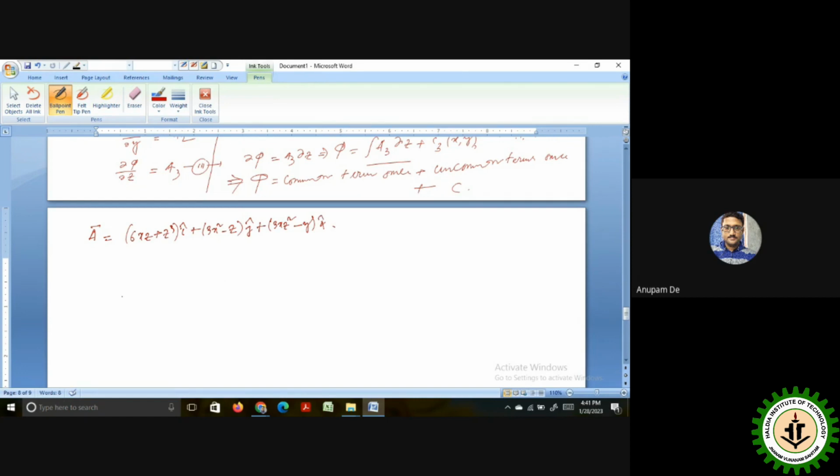The question is to prove or show that A is irrotational, and then prove or find the scalar phi such that A equal to grad phi.